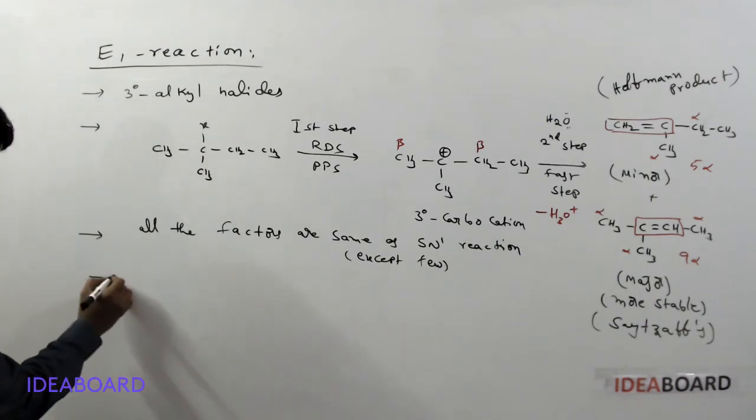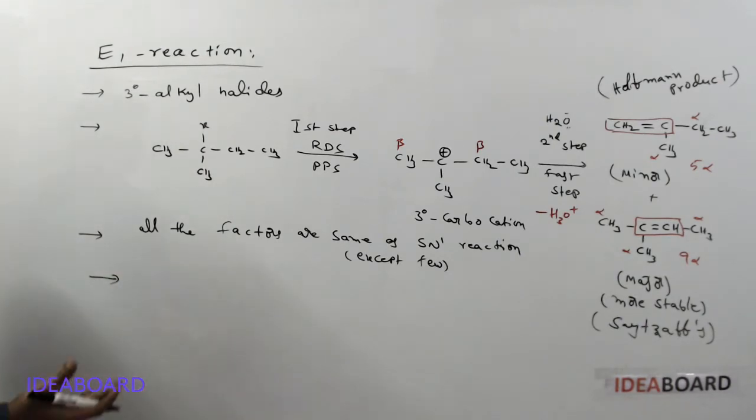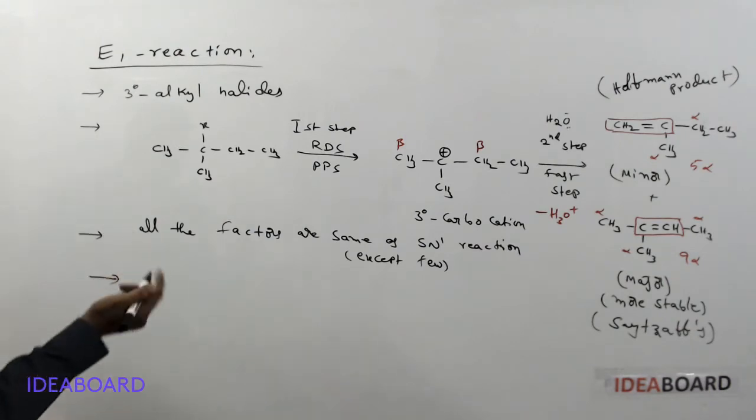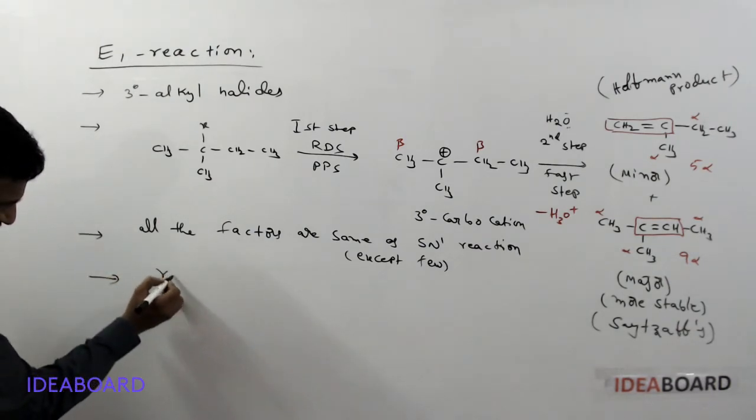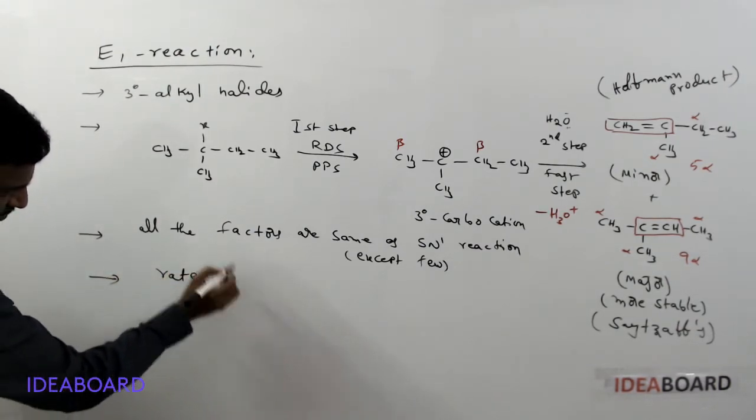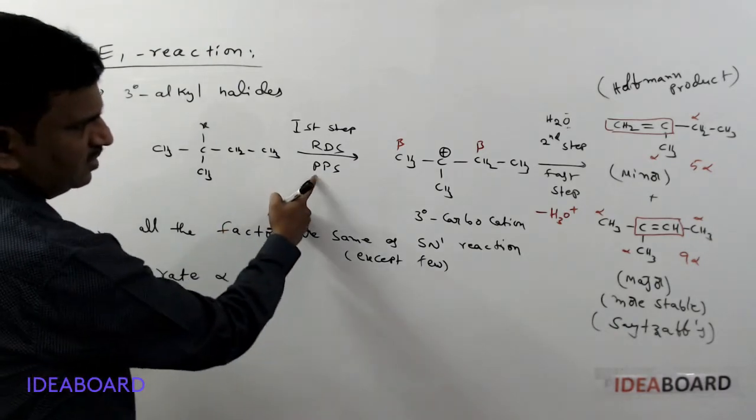Please remember that. We already studied these for the SN1 reaction. The first factor is the rate of reaction. Here, the rate of reaction is directly proportional to the rate determining step.